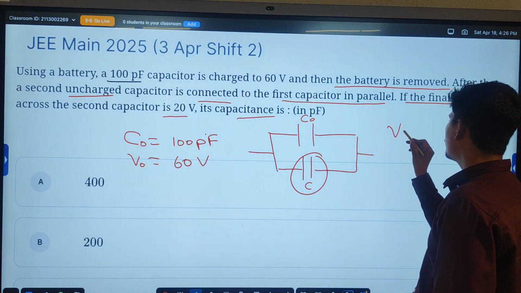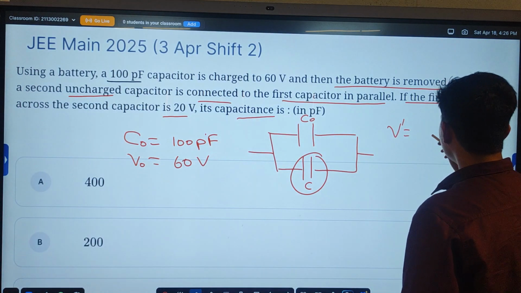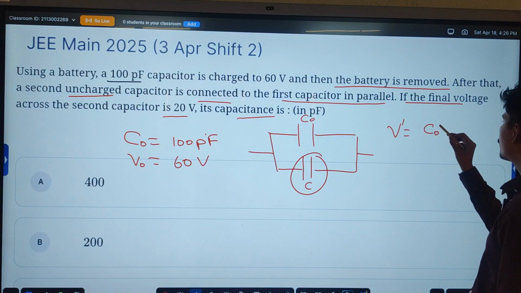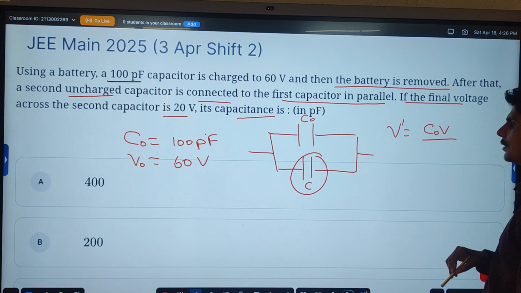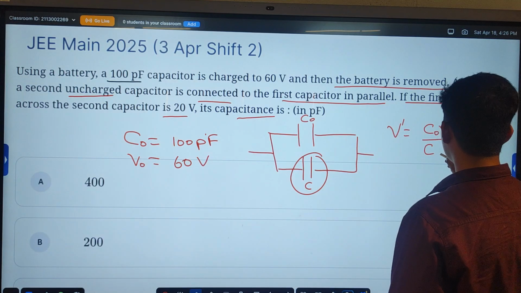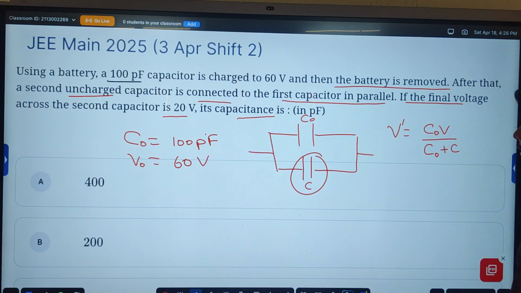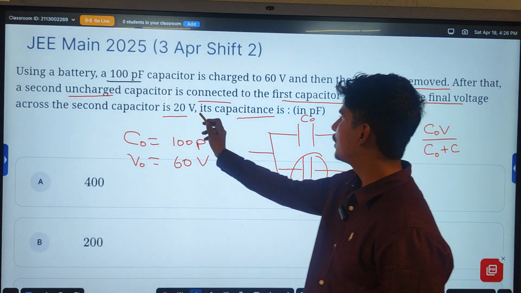Now we have to find the potential across this capacitor. So I can write V dash equals C naught V naught, the original charge, upon the total capacitance, C naught plus C. V dash in the question is given as 20 volt.